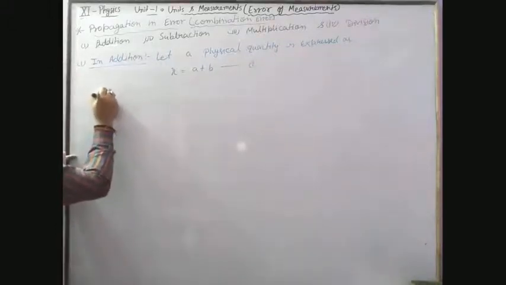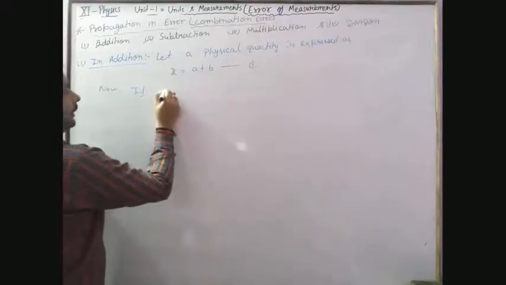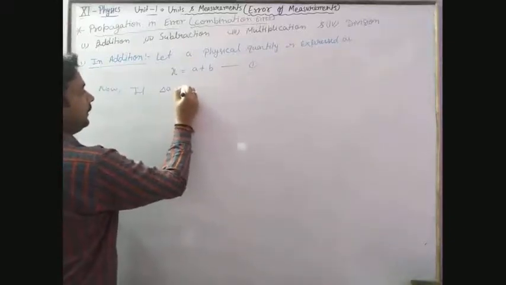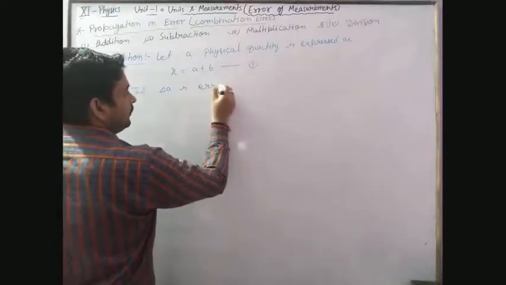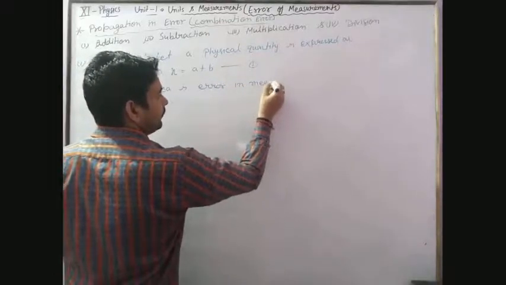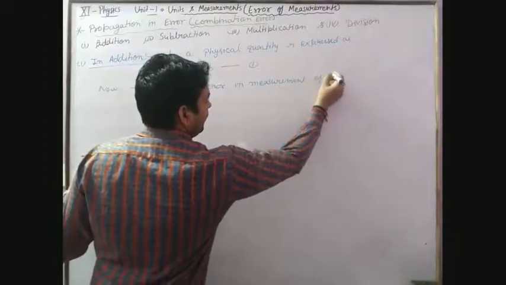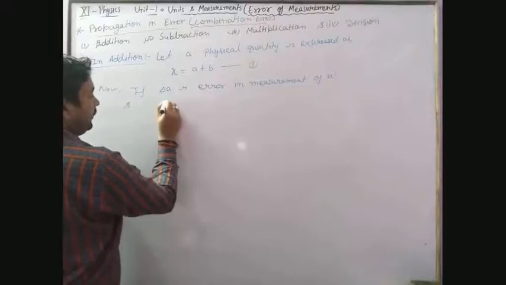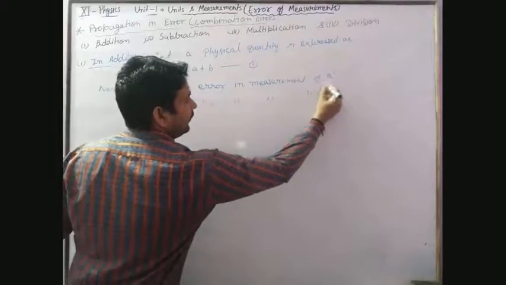Now, if del a is the error in measurement of A, and del B is the error in measurement of B.